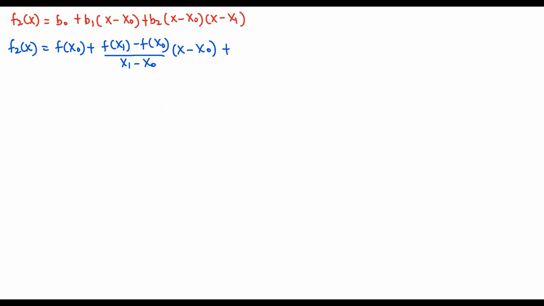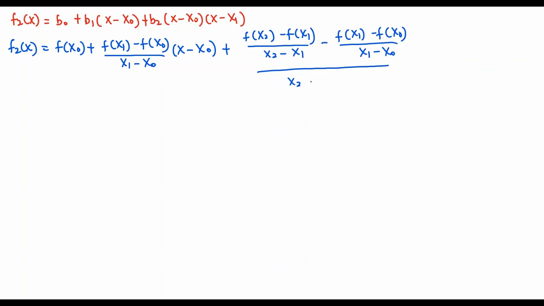We know b2 to be f of x2 minus f of x1 over x2 minus x1, minus f of x1 minus f of x naught over x1 minus x naught, all divided by x2 minus x naught, right? So this will be multiplying x minus x naught and also x minus x1. So this will be our general form.